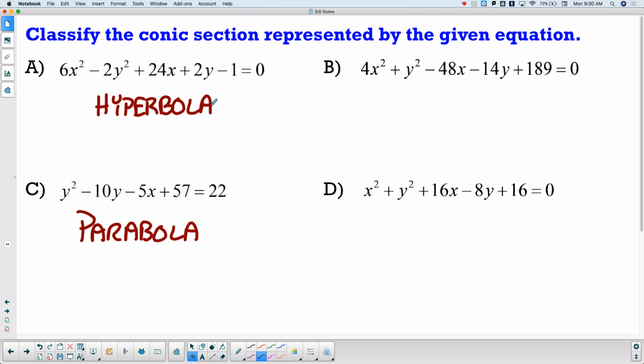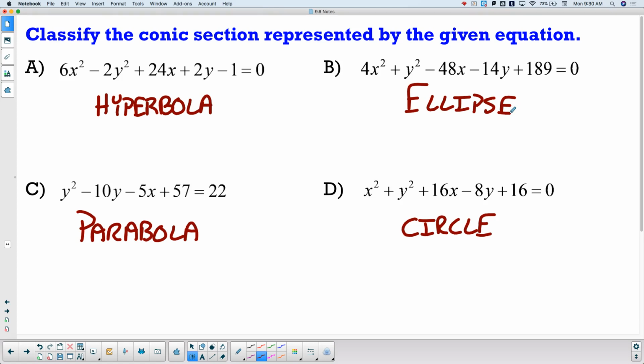Which one's a circle? Which one's an ellipse? D is a circle. Why? Because they're the same. Which means B is an ellipse, because 4 is different than 1.